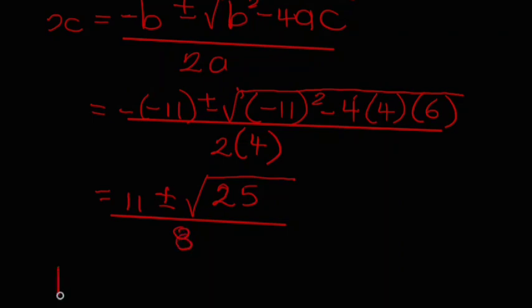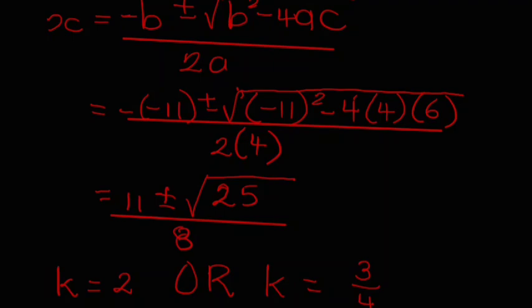Now remember that we're actually solving for k here. So to get the first answer, we're going to use the plus. And we get k is equal to positive 2. Using the minus, we get k is equal to 3 over 4. So these are our two values for k.